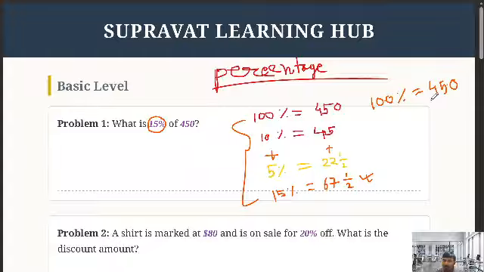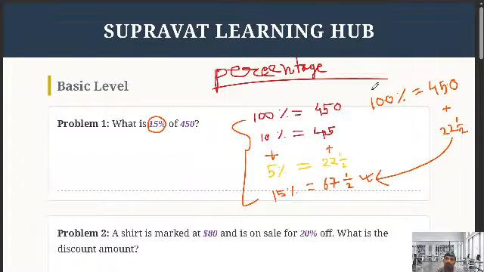Half of this, so half means we have to write it only once. 5% means 22 and half, so 15% means this 10% plus this 5%, that is 67 and half.